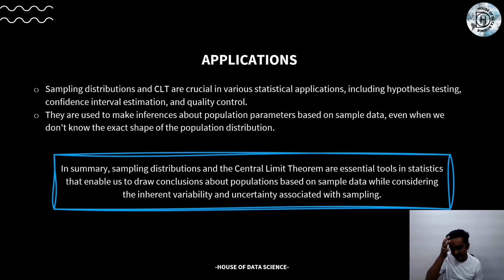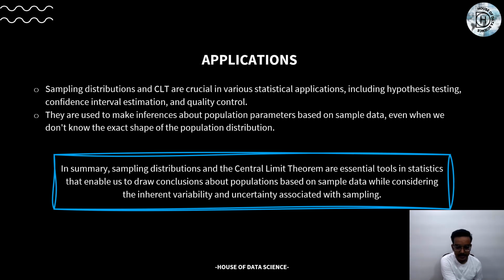Say suppose my time is 36. So if you want to be more confident, the range would increase, and vice versa. So these are also used to make inference about the population, which we are discussing again and again, the main use case of inferential statistics, even when we don't know the exact shape of population distribution.